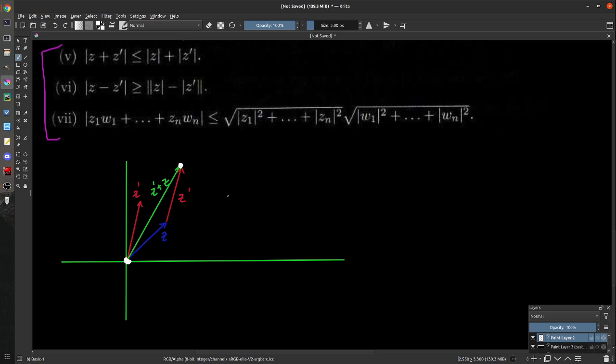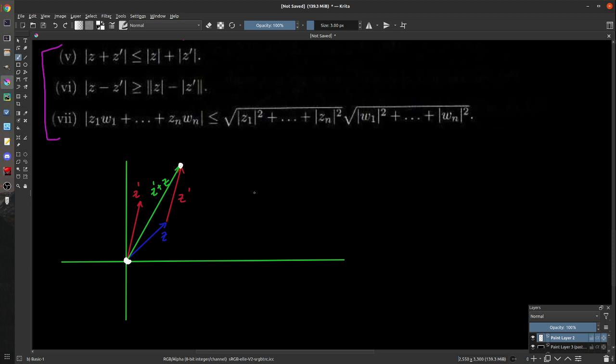The reverse triangle inequality is just essentially the opposite. And I definitely encourage you to sit down and try to do the reverse triangle inequality if you have never seen it proved before. It is remarkably easy, actually, and kind of a fun little trick.